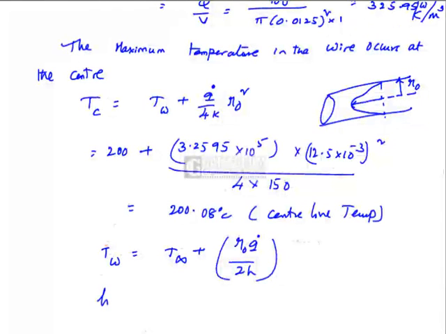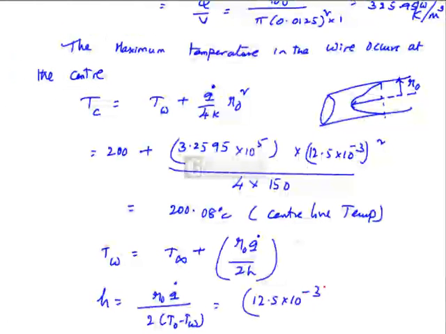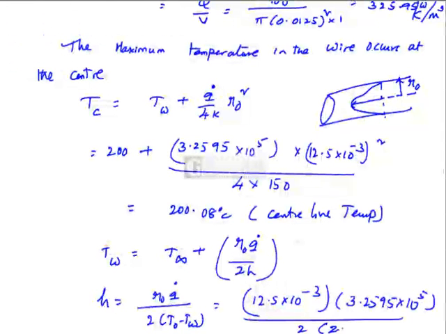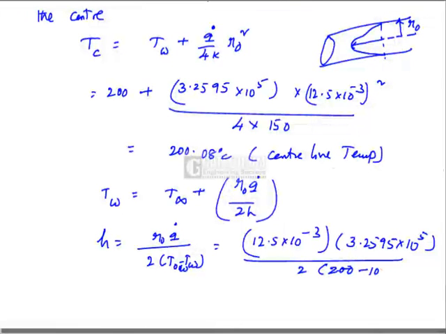Therefore, H could be calculated as R naught Q dot divided by 2 into T naught minus TW, that is 12.5 into 10 power minus 3, that is the radius, Q dot is 3.2595 into 10 power 5 divided by 2 into 200, the wall temperature, minus fluid temperature.